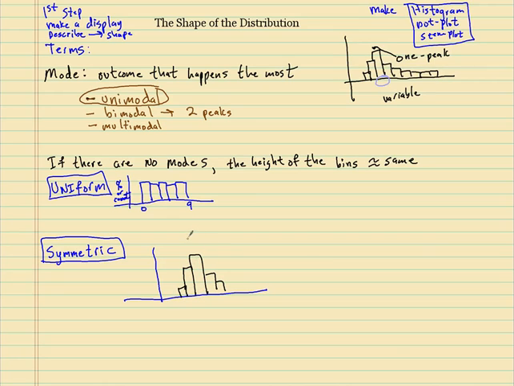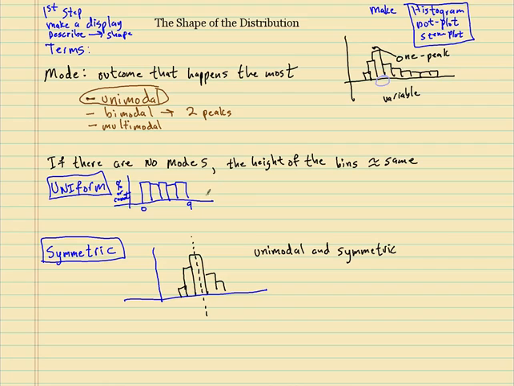If I took this and cut it here, and folded it on top of each other, they're about the same. So if I was describing this, this would be unimodal and symmetric.